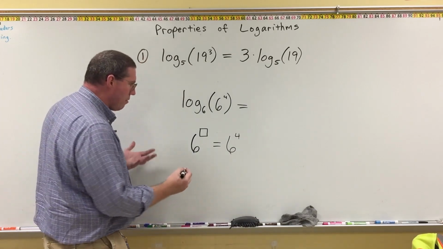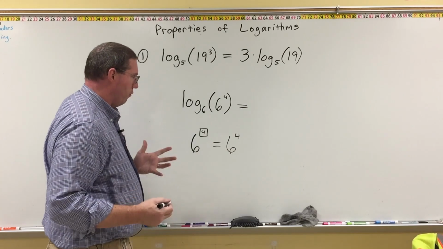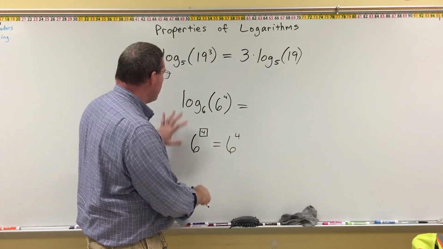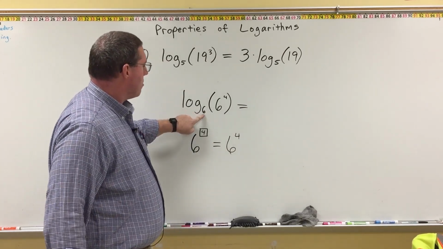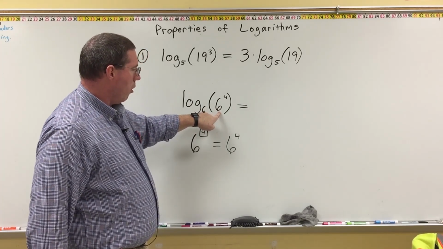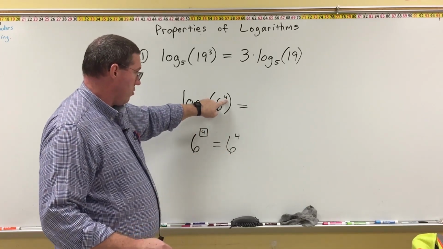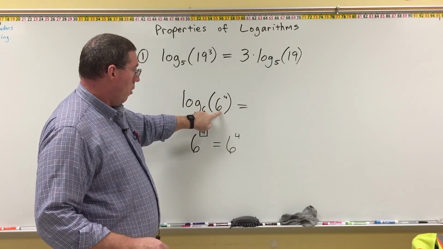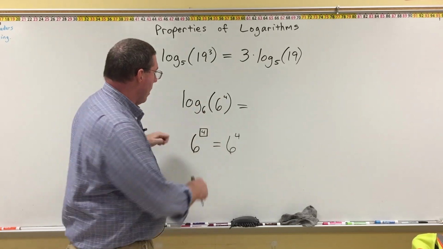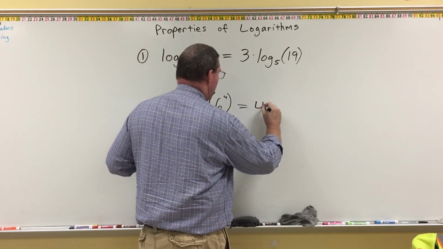The answer is 4. So whenever you see a logarithm where the base and the argument inside is a base with an exponent, the answer is simply the exponent on the inside. So log base 6 of 6 to the fourth power is 4.